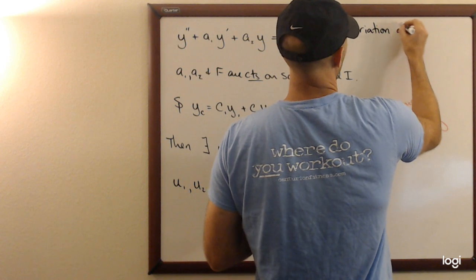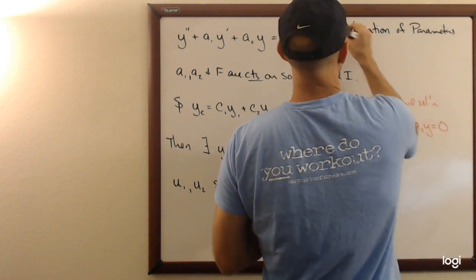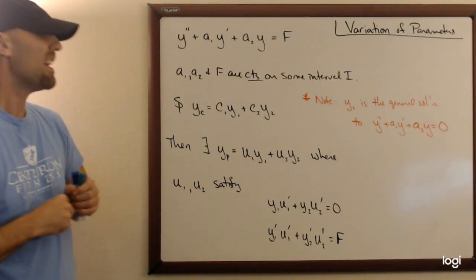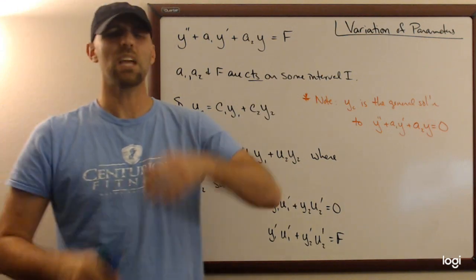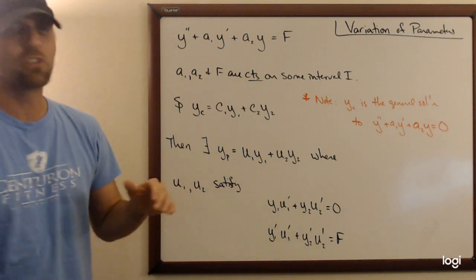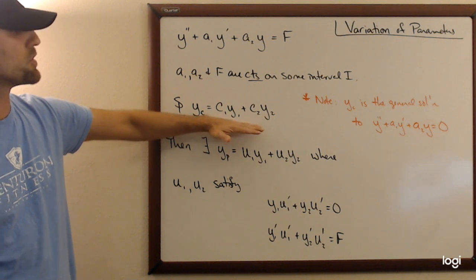So that's variation of parameters. Fantastic. And so let's strategize here. If I have a problem that I'm going to solve using this particular method, I'm first going to solve for the complementary function, right? I'm first going to solve the homogeneous version.